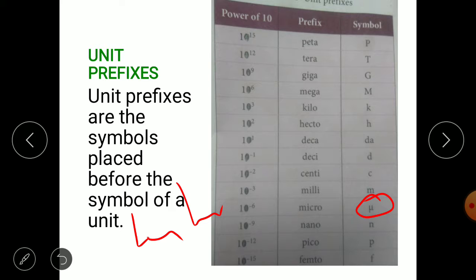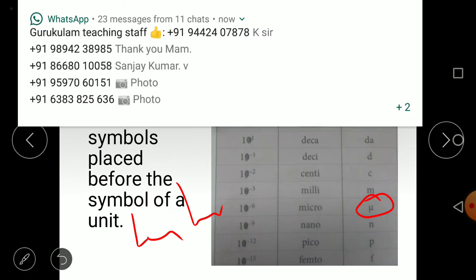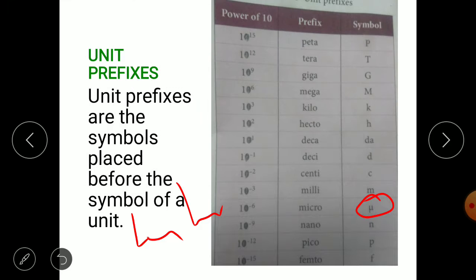Here we have some physical quantities that vary over different orders of magnitude. The diameter of a nucleus is about 10 to the power minus 15 meter. Some stars are at a distance of 10 to the power 26 meter.